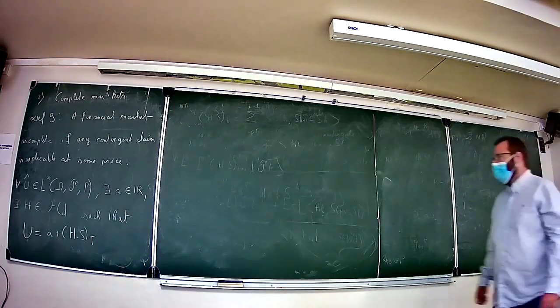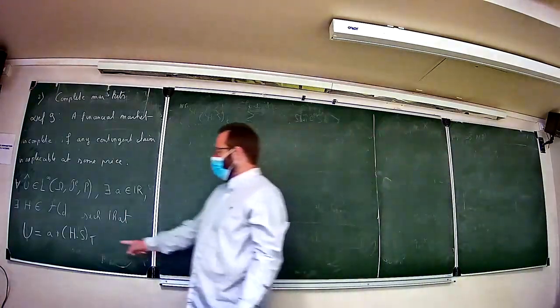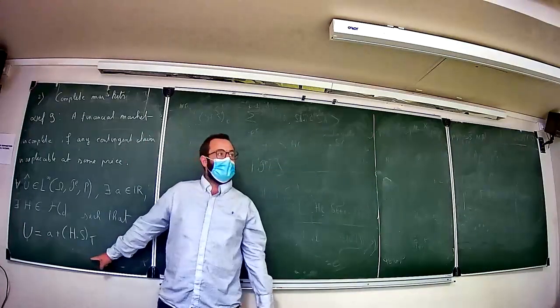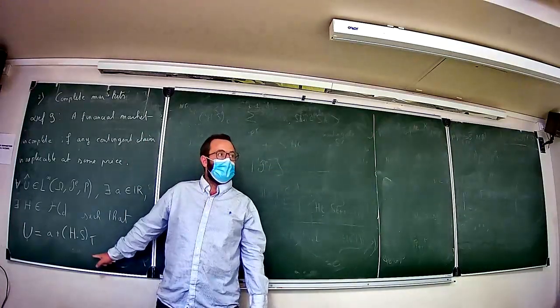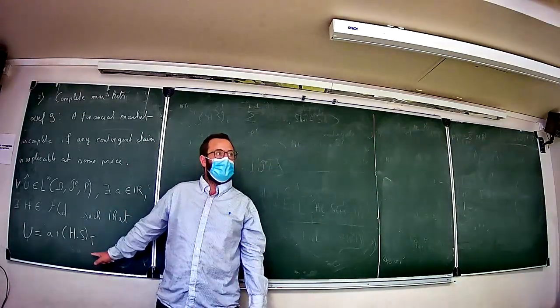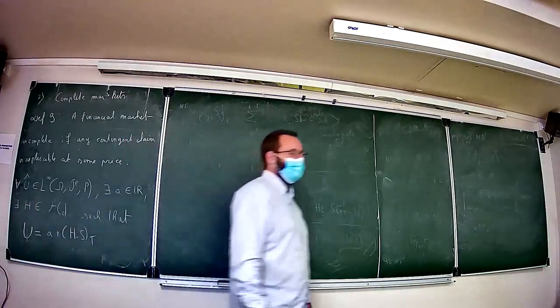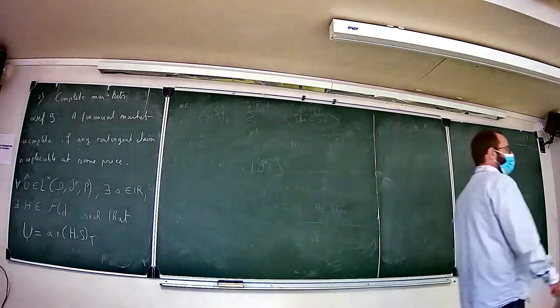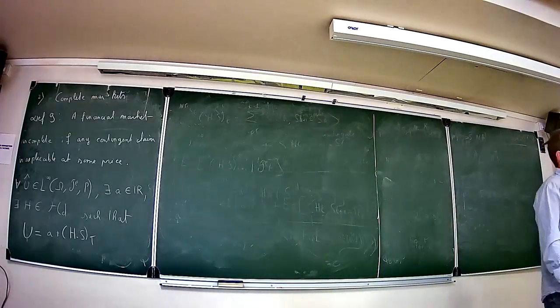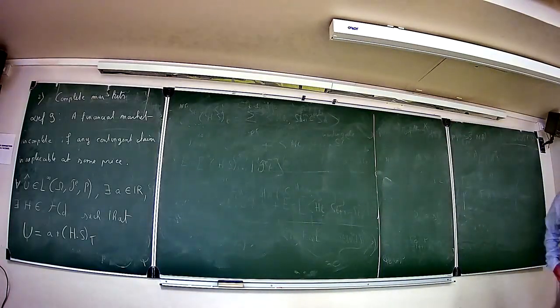I wrote it this way because here this is the actualized final value of a self-financed financial strategy, and I want them to be equal, so I write the equality in a discounted way. Yes, any payoff of any contingent claim. For me, contingent claim and payoff are the same in fact.